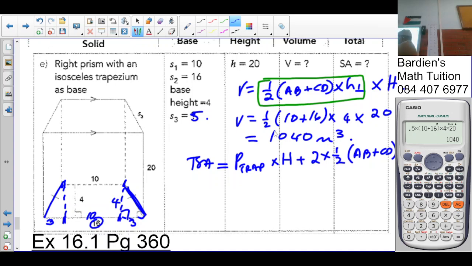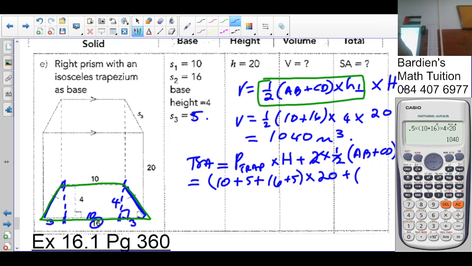the trapezium. Okay? So the perimeter of the trapezium is going to be 10 plus 5 plus 16 plus 5. You all agree with that? So it's going to be 10 plus 5 plus 16 plus 5 times your perpendicular height, which is 20. Then half and 2 cancel.